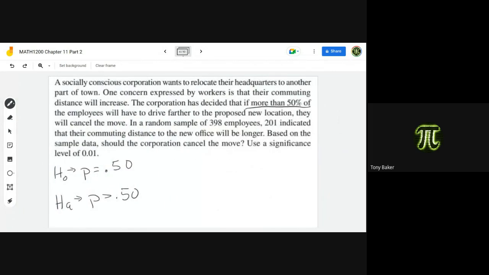So we have to find the proportion from the sample data they gave me, and then find our standard deviation. Out of my 398 employees, 201 said they would have to have a greater commute. So it's 201 divided by 398.